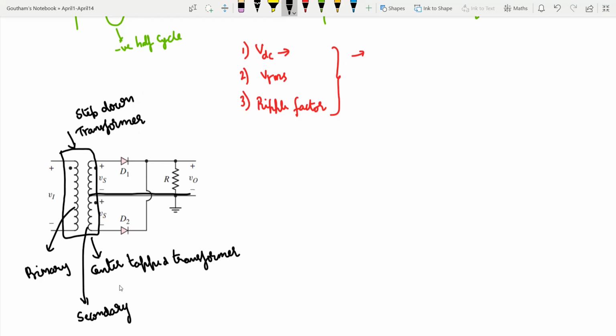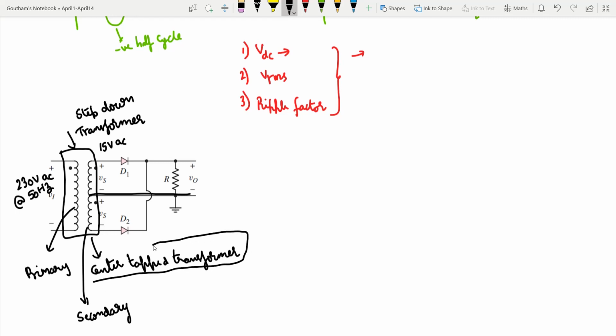We all know that from our home sockets we get 230 volts AC at 50 hertz. A step down transformer steps down the voltage usually to 15 volts AC, especially if it is center tap.